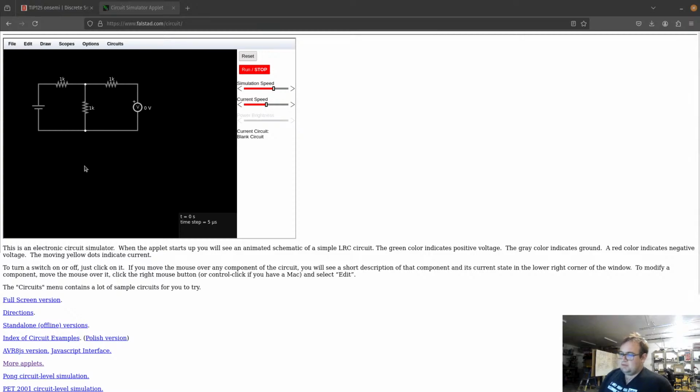It had 12 volts, and then all of these were 1K, and then it had this as the output. So what my thought would be, what will happen is that we will have a certain amount of voltage being spent across here, and then the rest will be divided between these two.